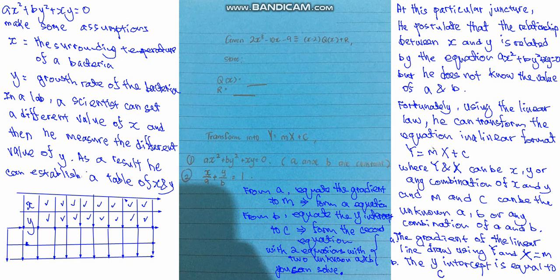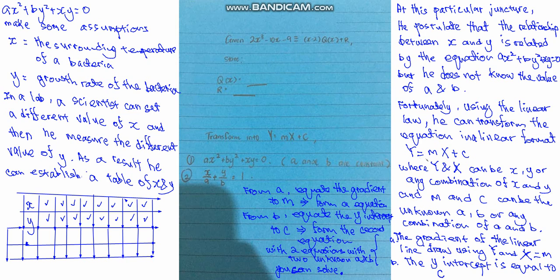Okay? What is the advantage of a linear law? Because in a linear law, when you draw the line, the gradient is equal to m. Okay? And then the c is the y-intercept. Okay?